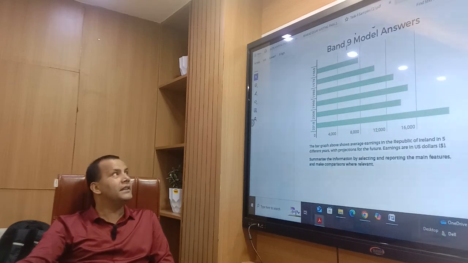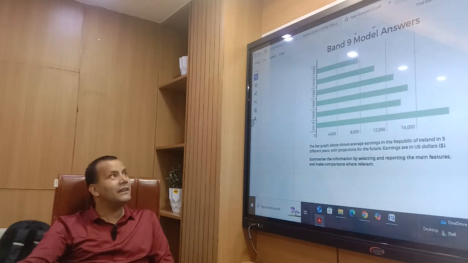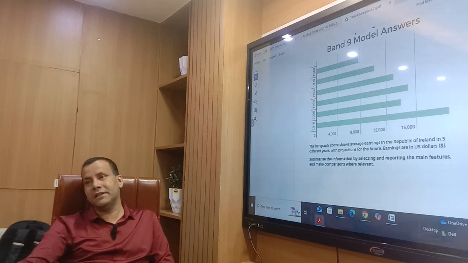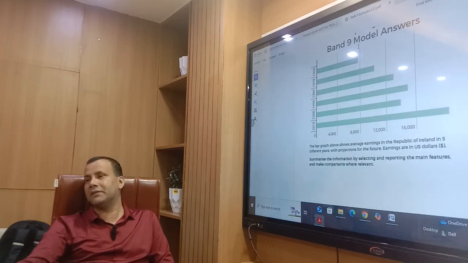See here, in 1968, if this line had touched over here, it would have become $8,000. But this line has not touched that line. So it means it is nearly $7,800, or just below $8,000. You can write nearly $7,800 or just slightly less than $8,000.